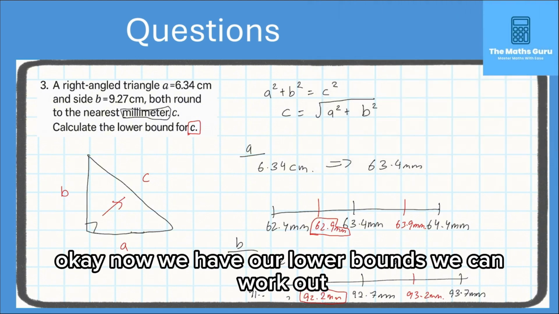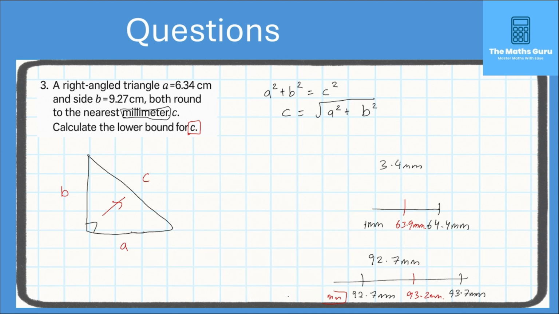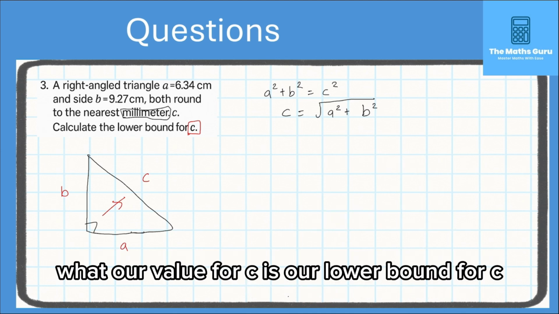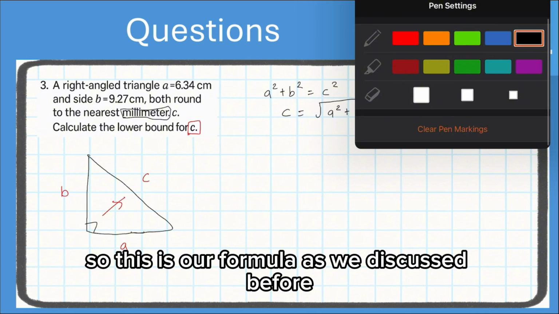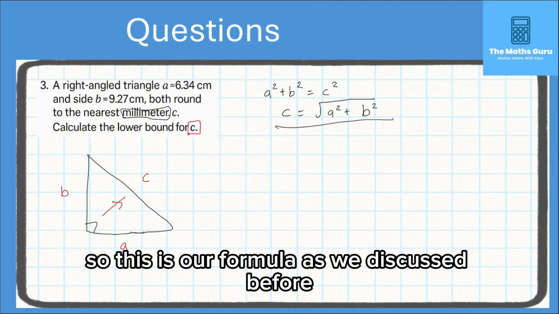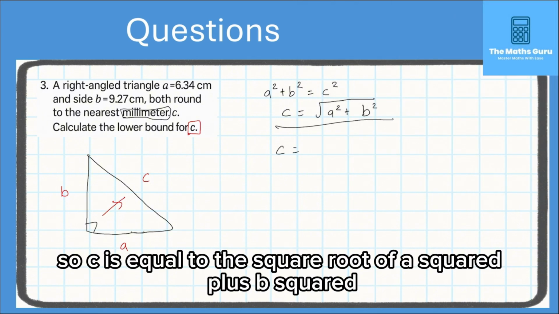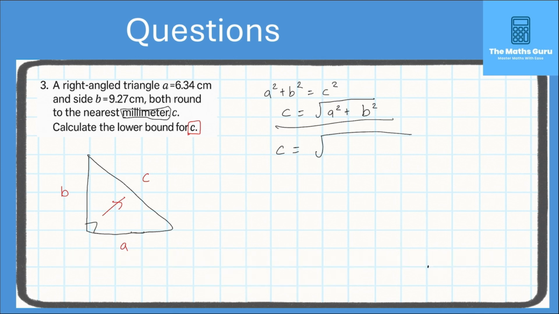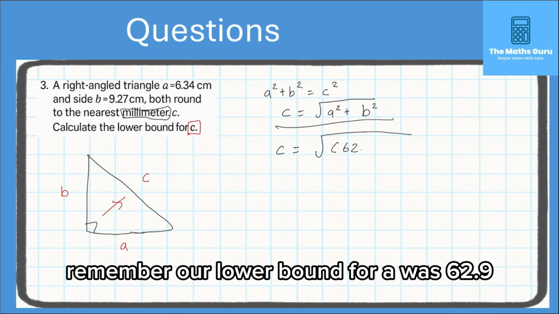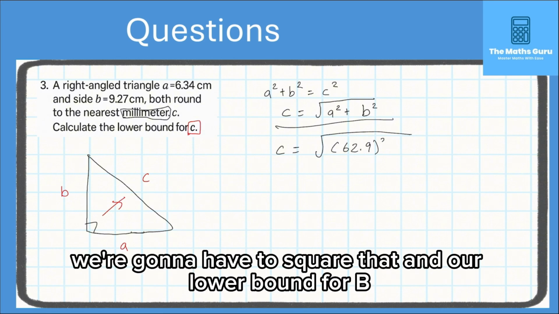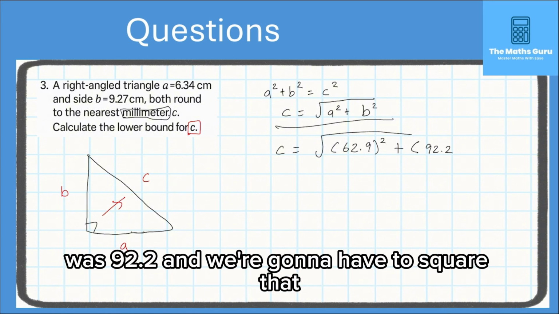Okay, now we have our lower bounds, we can work out our lower bound for C. So, this is our formula, as we discussed before. C is equal to the square root of A squared plus B squared. Remember, our lower bound for A was 62.9, and we're going to have to square that. And our lower bound for B was 92.2, and we're going to have to square that.